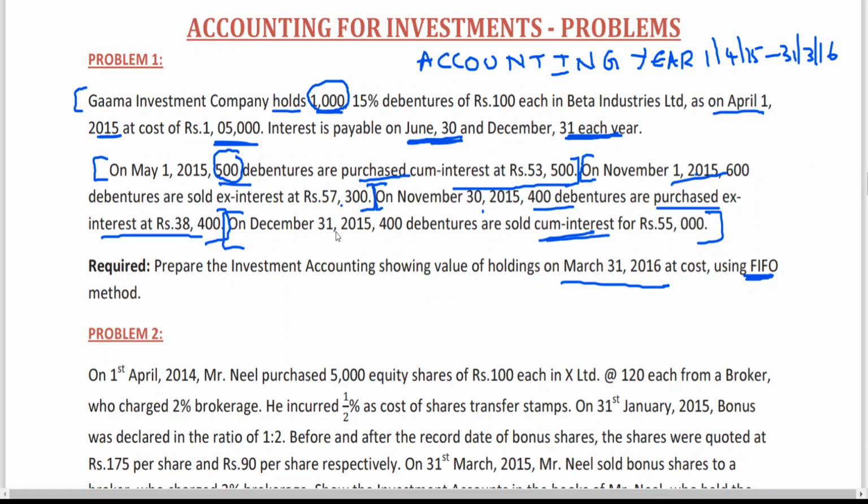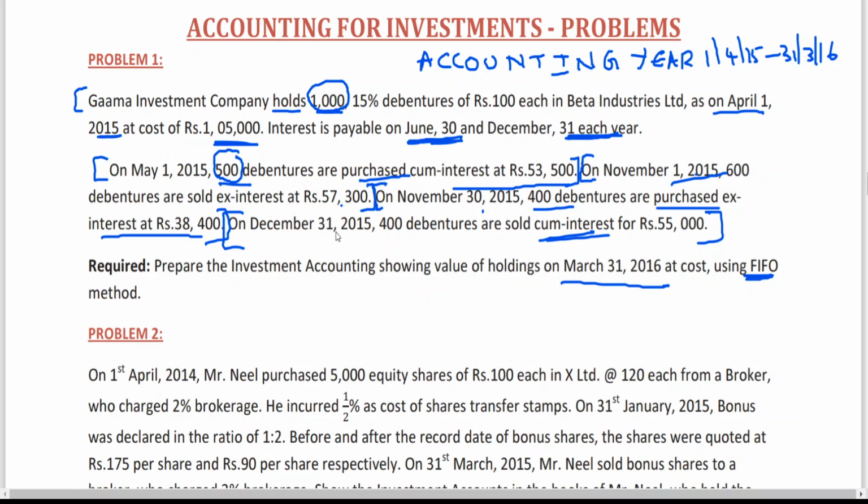At the time of sale, we assume that since it has been given that it has been sold, that amount either you are receiving yourself, your cum interest has been given, we assume that amount has been paid by the buyer and the company has made payment to the buyer. That is an important point you should understand.